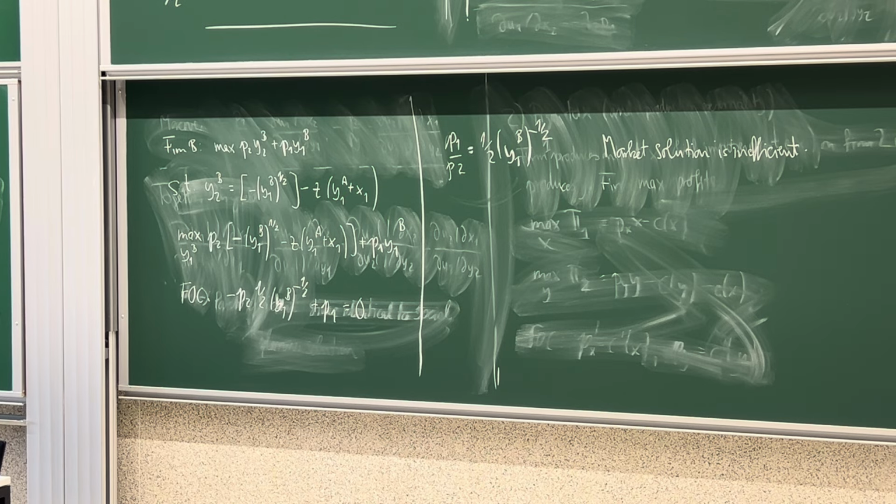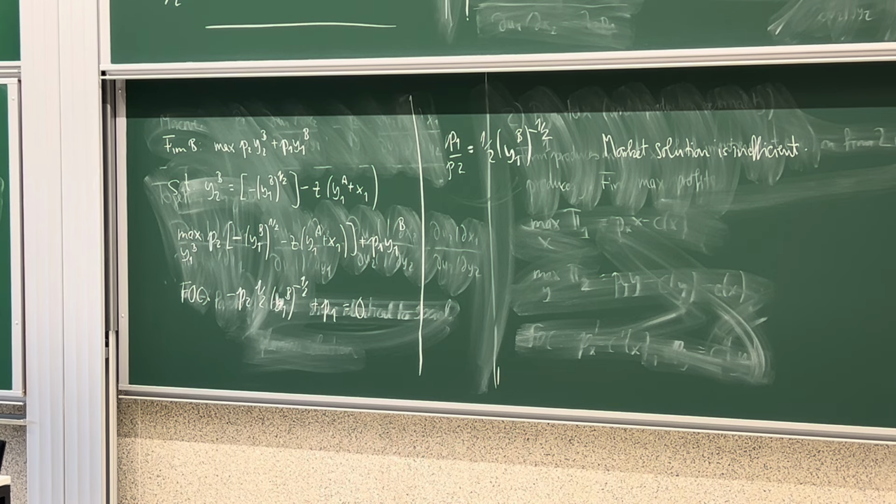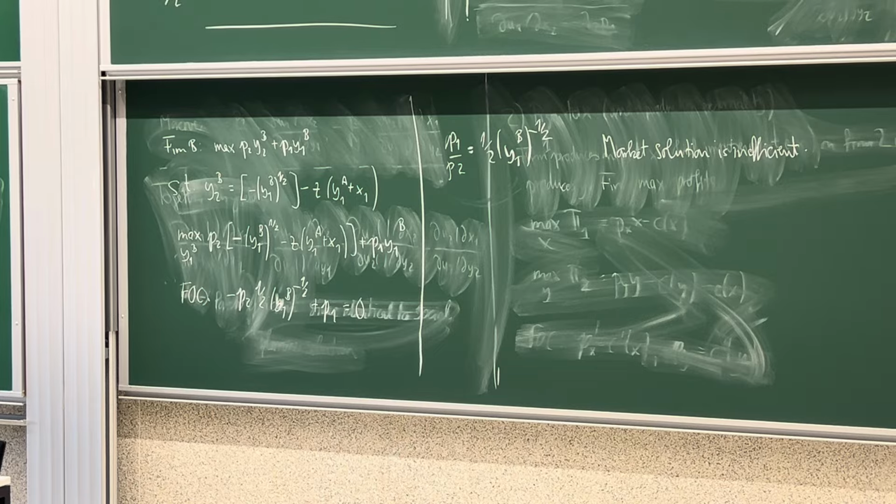Example 2. Here we have two consumers and two goods. The utilities will be as follows. Consumer A chooses XA and YA, and this utility depends positively on the consumption of consumer B of X. What consumer B chooses to consume of X enters consumer A's utility positively.